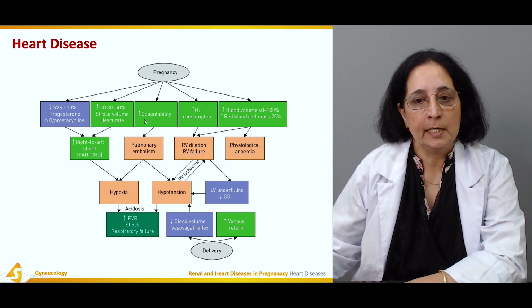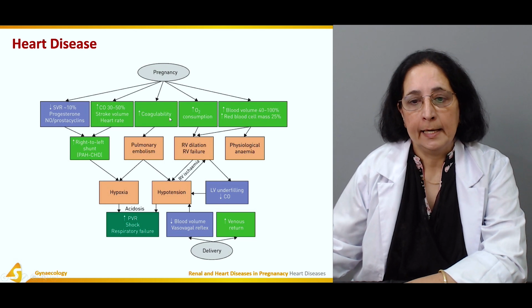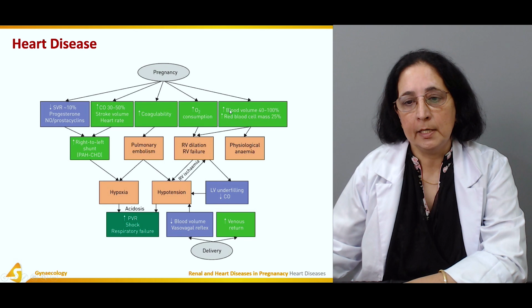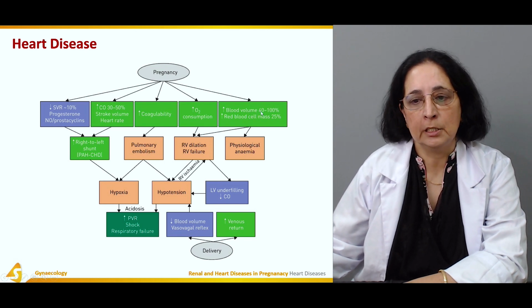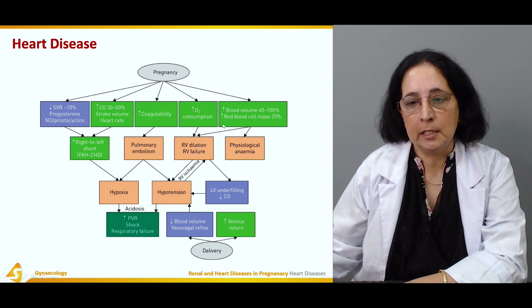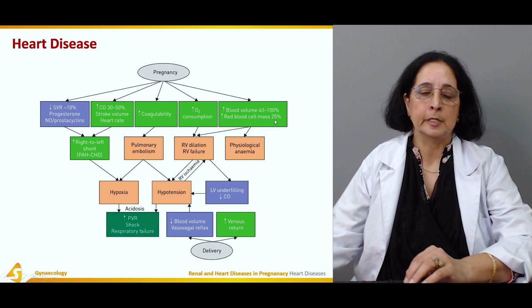There is increased coagulability during pregnancy, and increased consumption of oxygen. There is increased blood volume, which is about 40 to 100% increase, and increased red blood cell mass of about 25%.